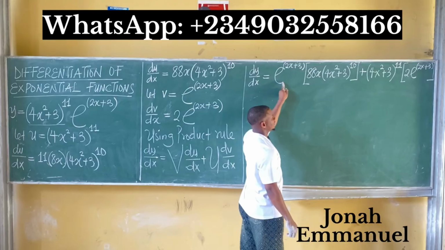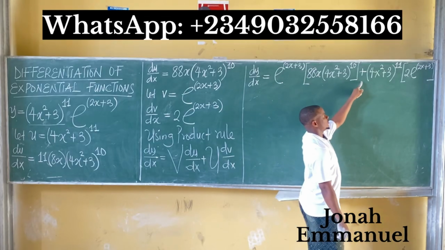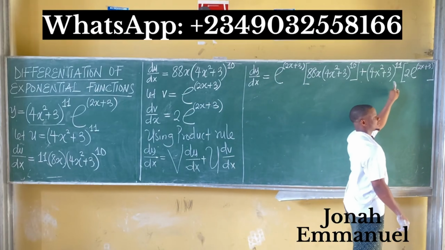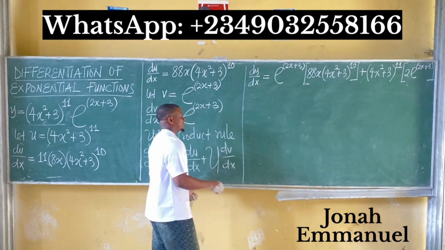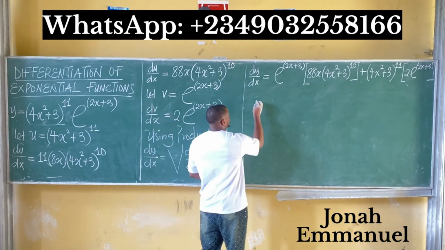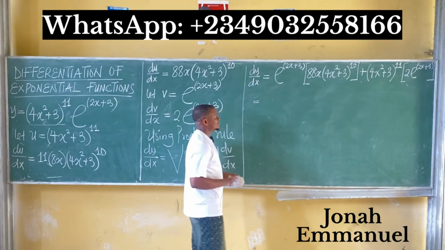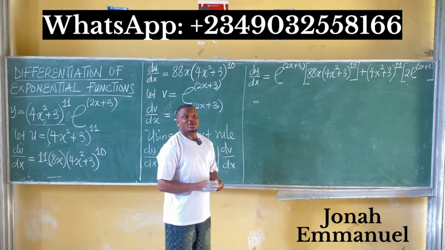So v du dx plus u dv dx. Please take them bit by bit. Let's expand this. In expanding, which one comes first?